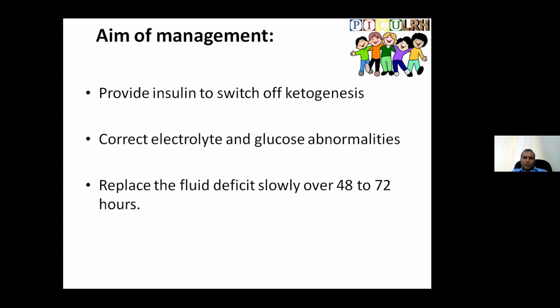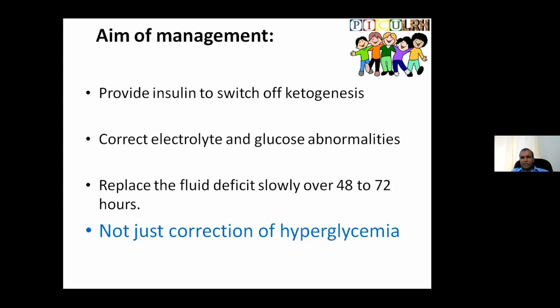So if you want to stop ketogenesis, we should use insulin, correct electrolyte and glucose abnormalities, and replace the fluid deficit slowly over 48 to 72 hours. So these are our aims. It is not just correction of hyperglycemia, that you have to understand.